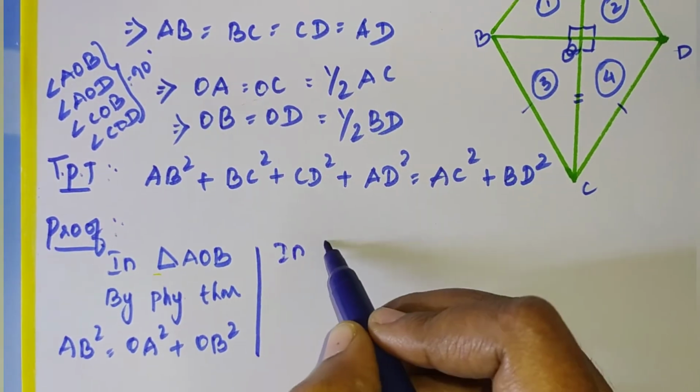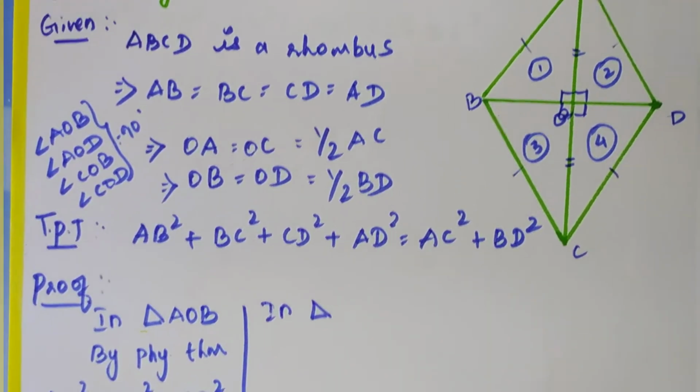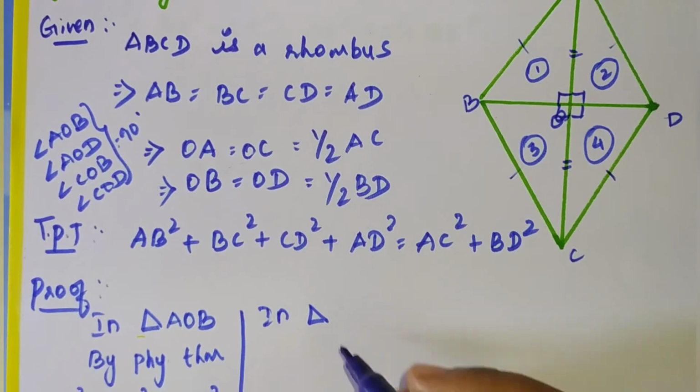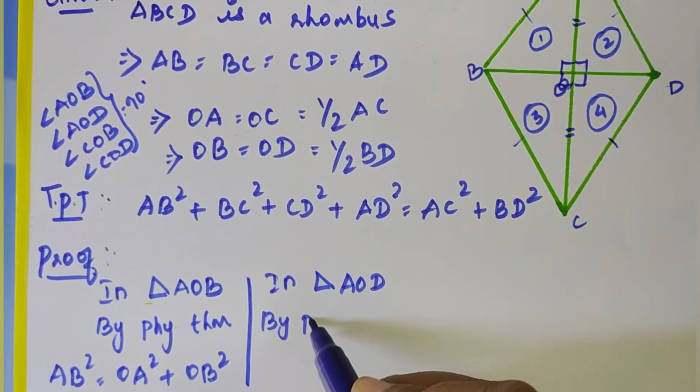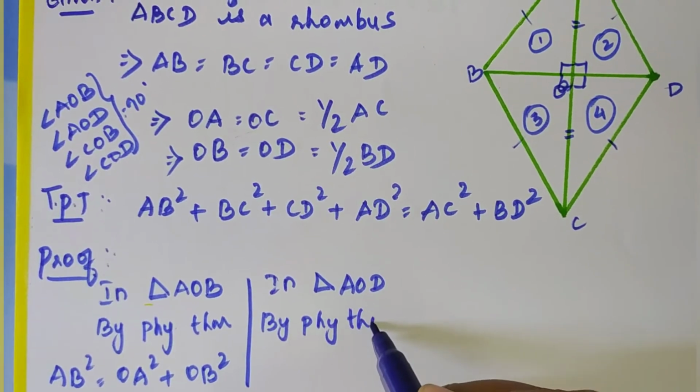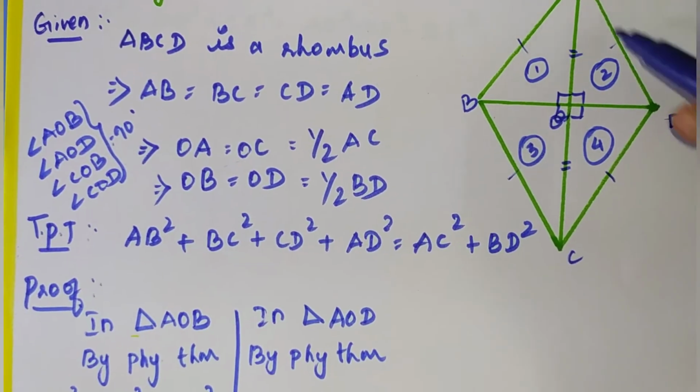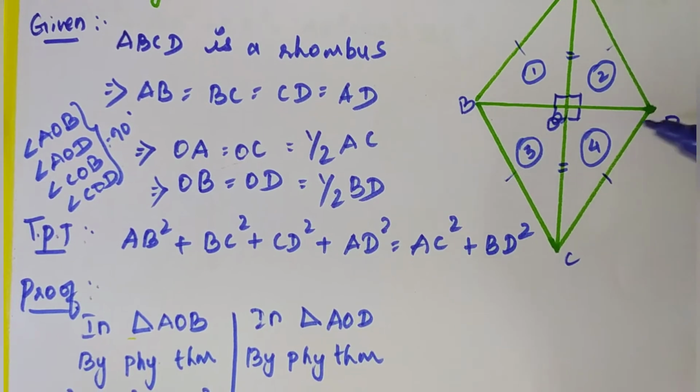And in the next triangle, AOD, by Pythagoras theorem, we can tell that AD square is equal to OA square plus OD square.